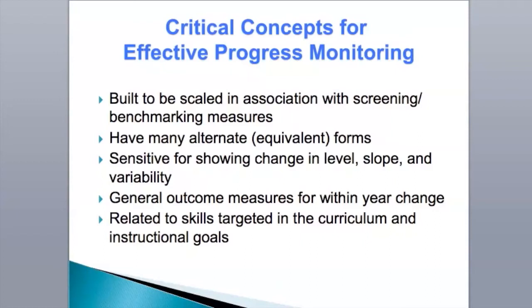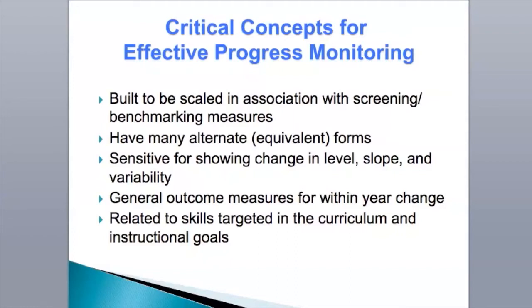We have many alternate forms in our progress monitoring system, and generally we built enough forms for frequent measurement to show change at a likely rate that is about to occur. And so this change would include changes in level, slope, and variability.